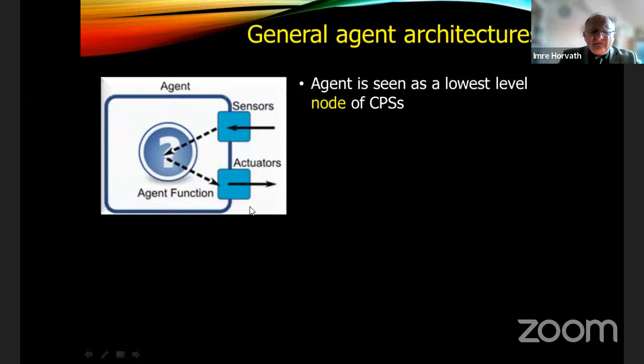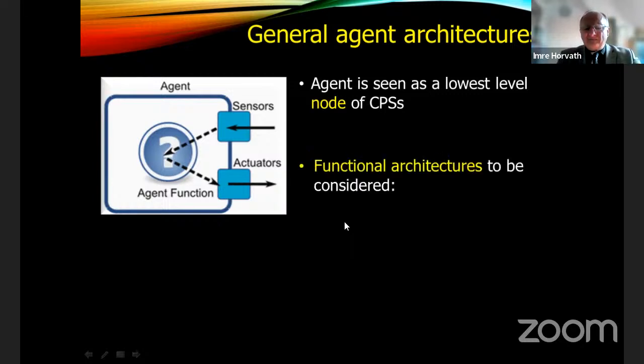And every node can be typified with this stereotype, namely that within the agent boundary, there are certain agent functions implemented, which are dependent on the sensors and which are connected to the actuators. We have seen earlier in the overall definition what is happening.